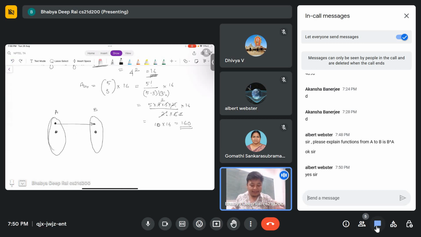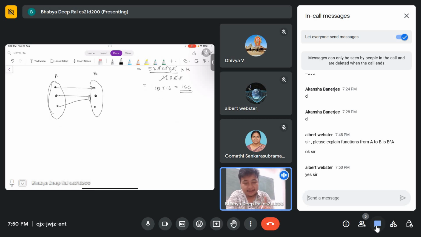So now we want to count how many such occurrences there are. For example, this can be one function and this can be another function, and so on. Now the idea is, Albert, that we need to choose the pairing, how we pair them up.